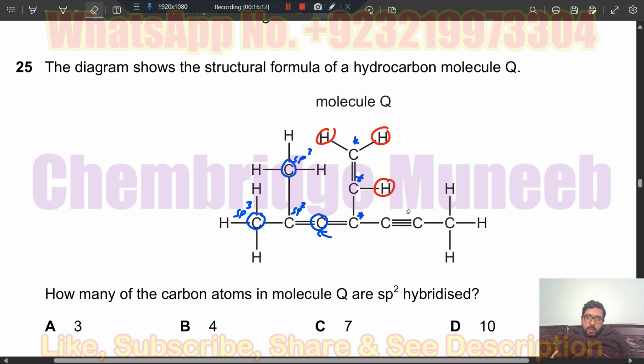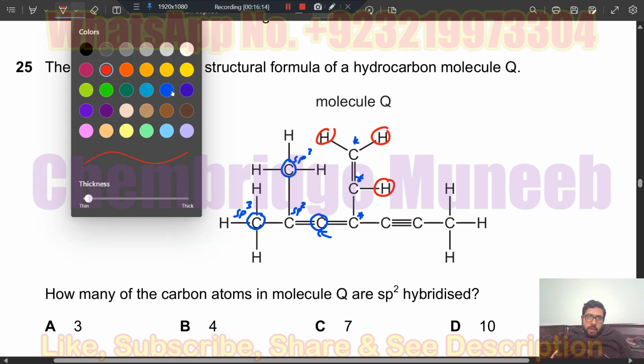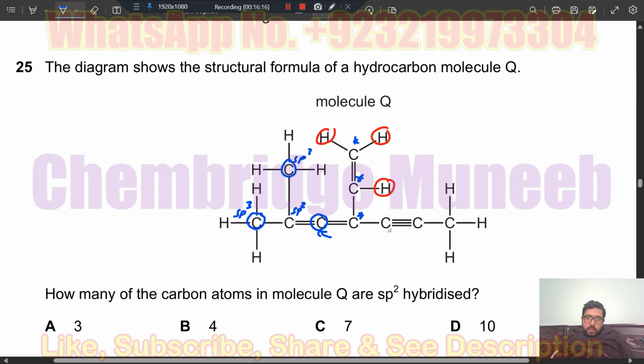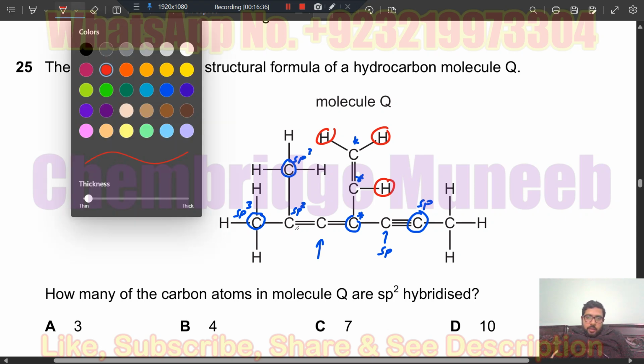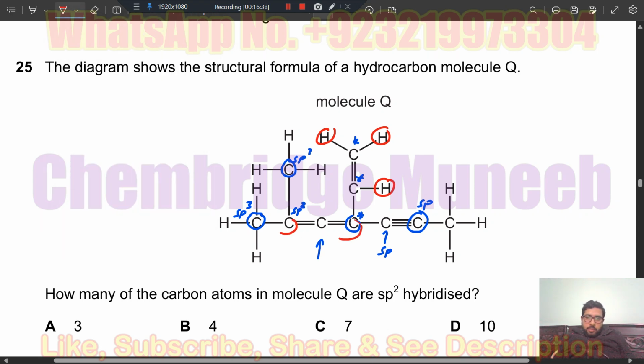This one cannot be sp2 hybridized, since it is bonded with 2 atoms only, 1 and 2. So it cannot be sp2 hybridized. Instead it is sp hybridized, and this one is also sp hybridized. Now what about this carbon? This carbon is bonded with 2 carbon atoms on either side, this one and this one.